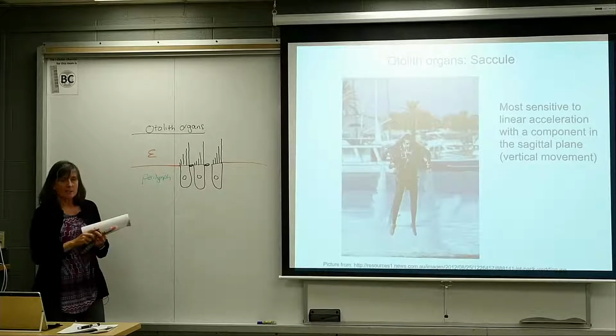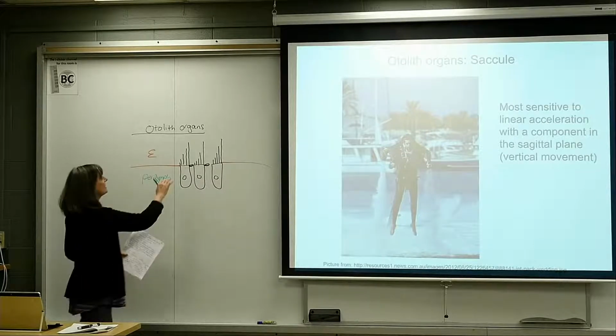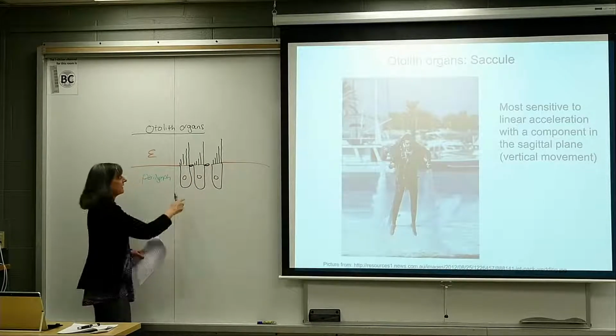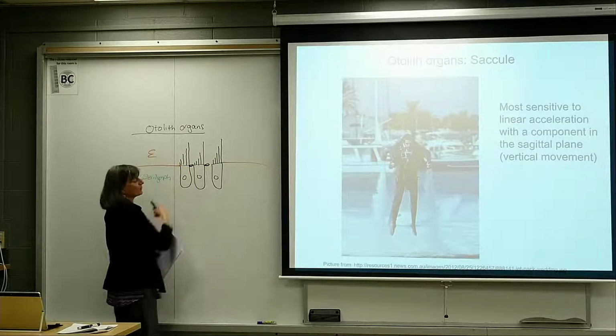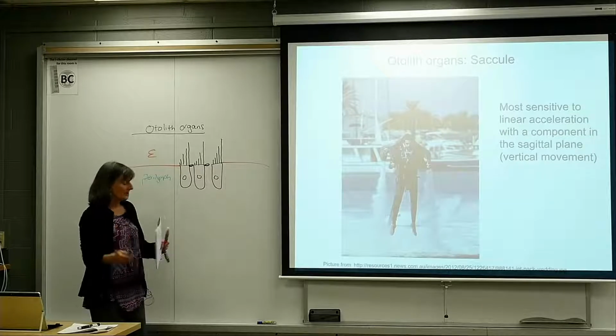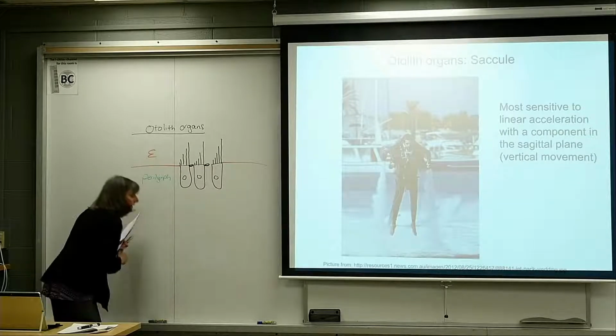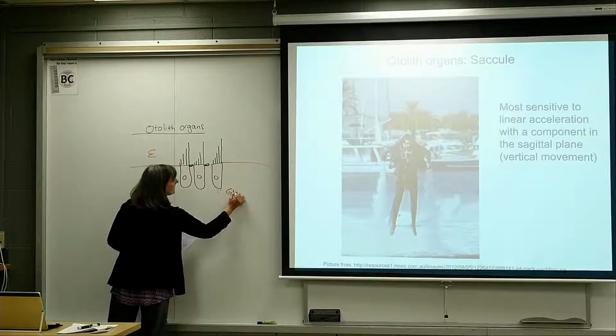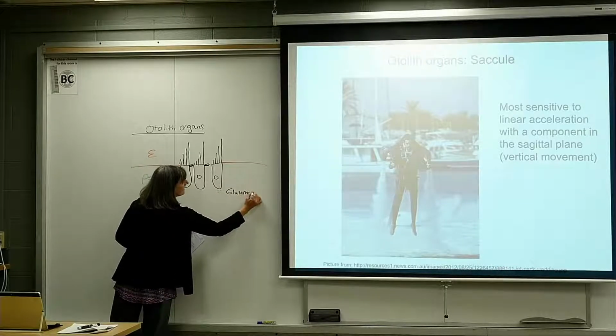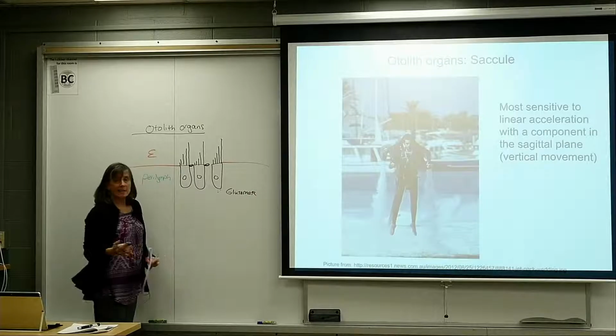Similar to what we've already talked about, if we move the hair bundle towards the tallest stereocilium, we're going to get depolarization. If we move it away from the tallest stereocilium, we're going to get hyperpolarization. These hair cells in the otolith organs are still going to be releasing glutamate. They still have baseline activity.